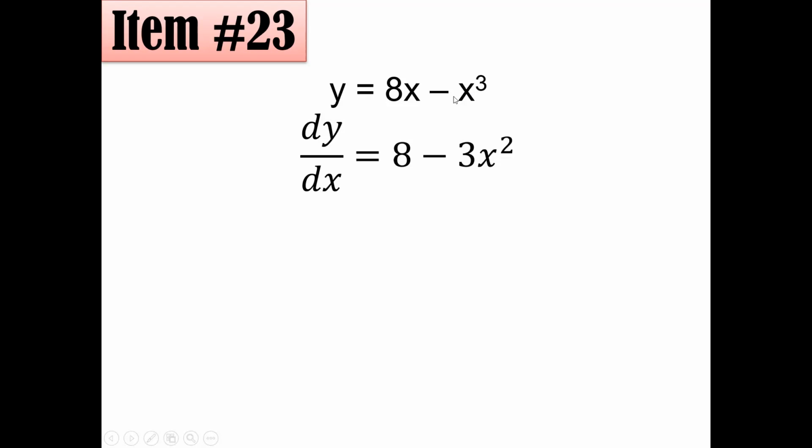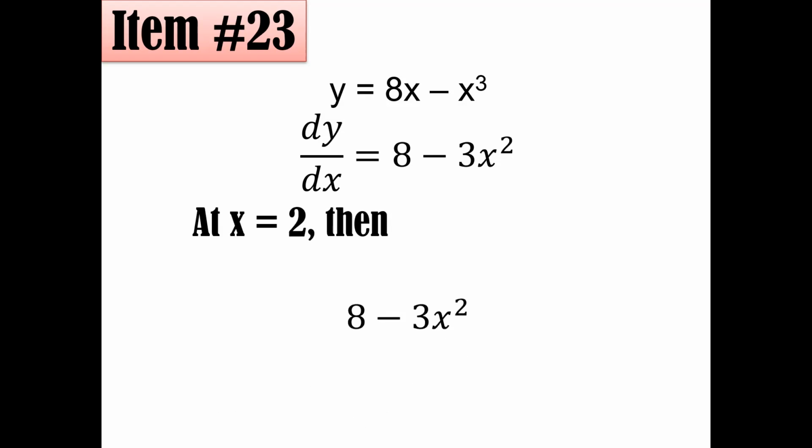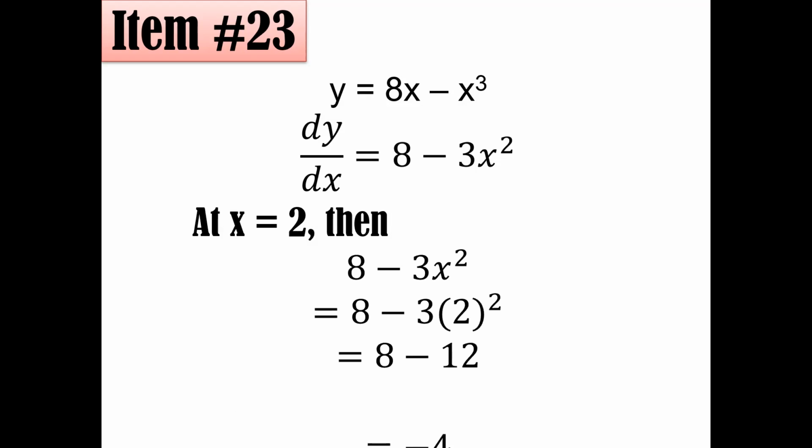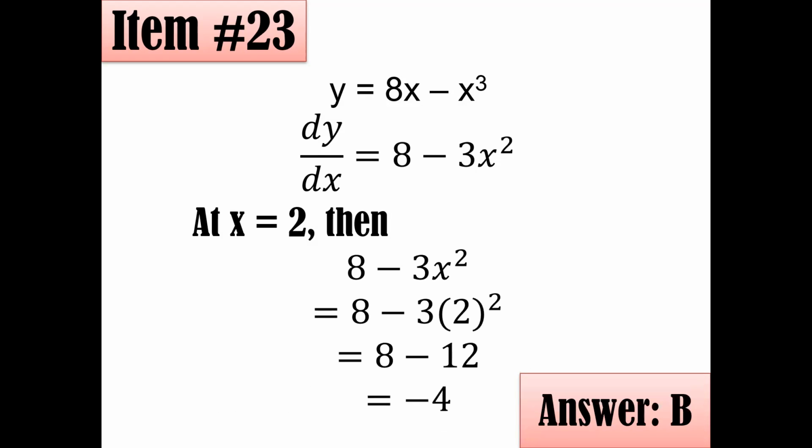Ito naman, understood na 1 yan dito. 1 times 3, that's 3. X raised to 3 minus 1, 2. So your dy over dx, or the derivative of y with respect to x, from here, knowing that x is 2, by substitution on the right side, that's 8 minus 3 times 2 squared, that's -4.